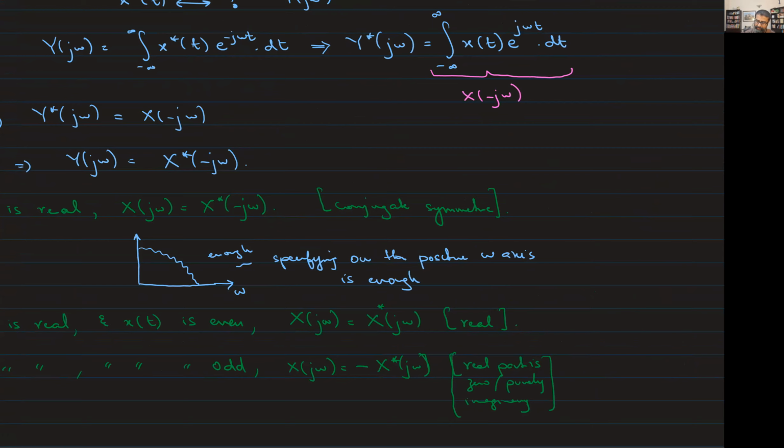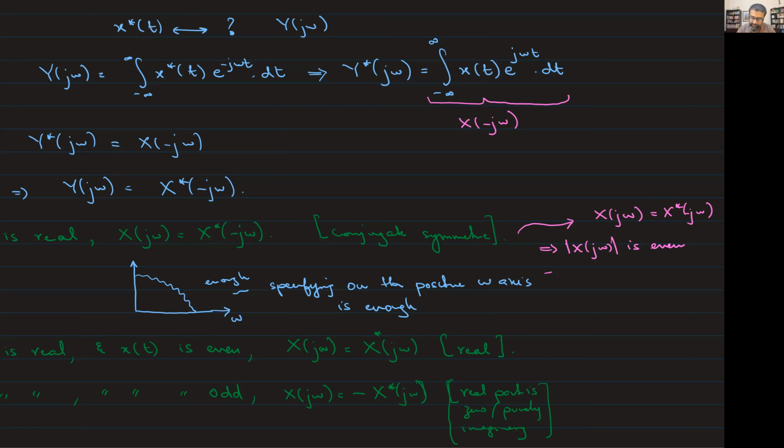If X of j omega is equal to X conjugate of minus j omega, that implies that the absolute value is even as a function of omega, with omega as the independent variable, and the phase of X of j omega is odd. So let me leave this off as an exercise as well, some basic complex number analysis.